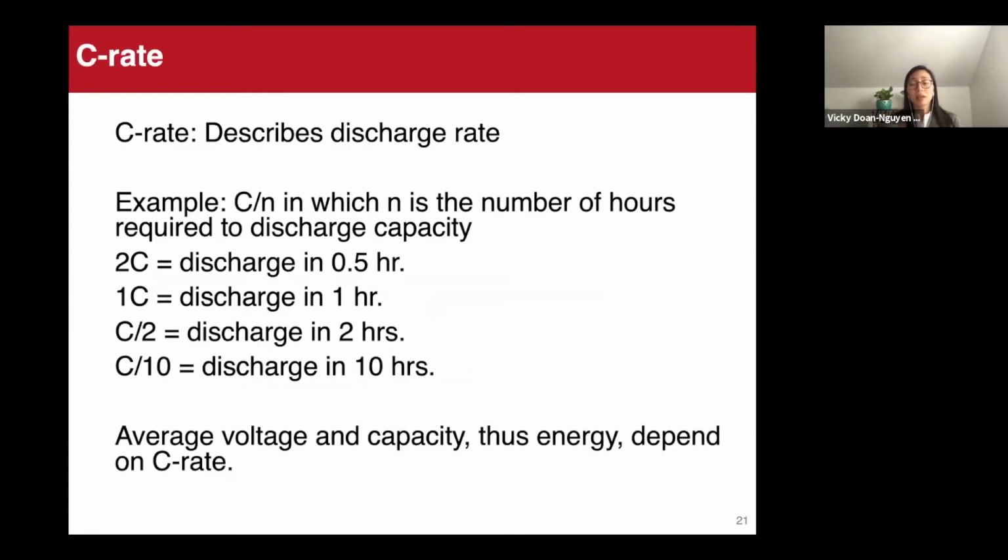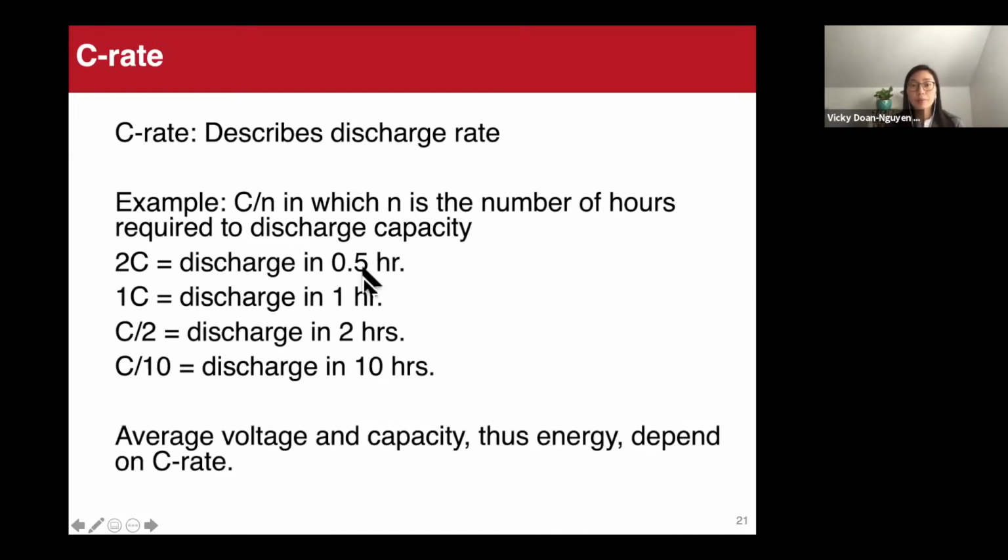Okay. So in terms of description of a battery, another parameter is the C rate. And that describes our discharge rate, as well as our charge rate if it's symmetric charging and discharging. The way we talk about it is a C over N number, in which N is the number of hours required to discharge the capacity. So 1C is to fully discharge within 1 hour. 2C is to discharge within half an hour.